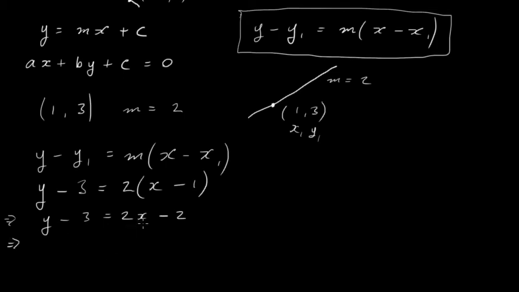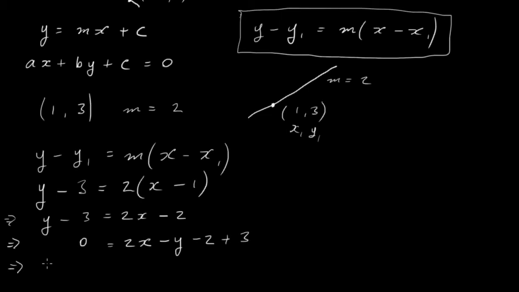We want ax plus by plus c equals 0. So I want 0 on one side. So I have an ax here. I'm going to bring the y over here, and I'm going to bring the minus 3 over here. I'm going to leave the 0 on this side. So I'll end up with 2x. When I bring the y over, it's minus y. I have a minus 2 here. And when I bring this minus 3 over, it becomes plus 3.